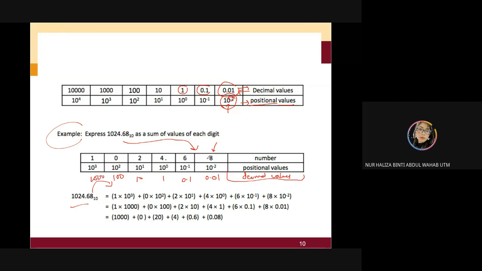So you will just multiply, multiply, multiply, and you add all the values after you get the multiplication. So this is your answer. You can use the calculator to get the answer, but for the method, please try to do it.